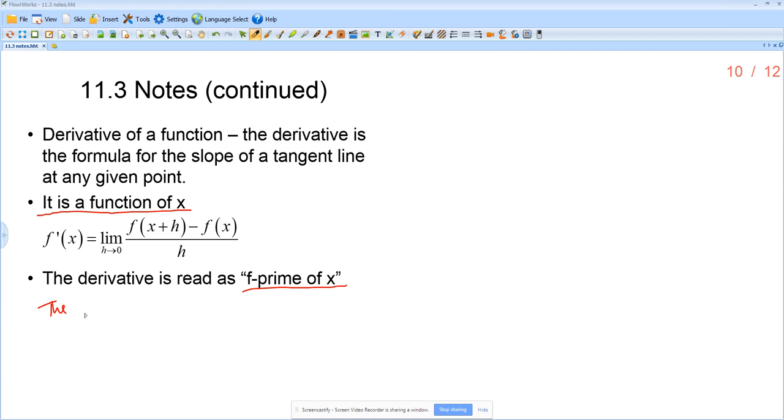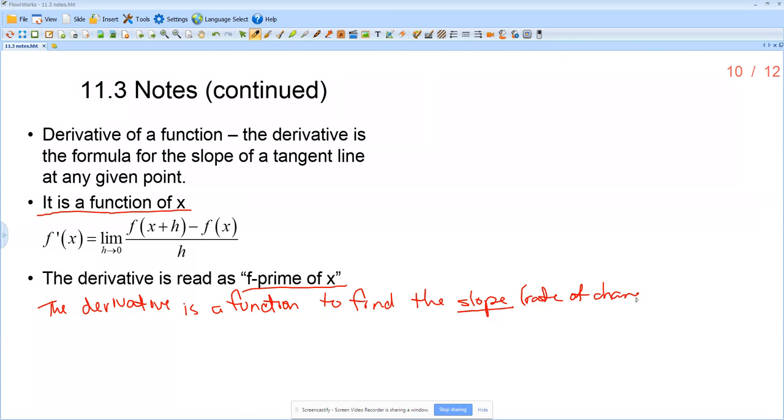Some other stuff to keep in mind is that the derivative is a function to find the slope, which is the rate of change, of any given function at any given point.